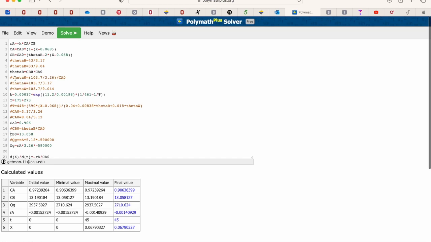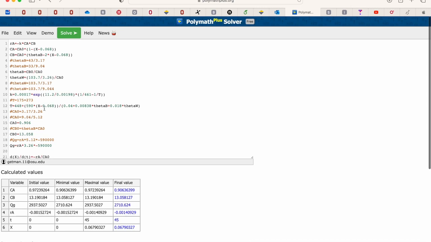Now I also need this theta water. I'm going to take my theta water term, and I need that because it's going to go in my energy balance expression. Okay, my Arrhenius equation stays the same. I'm going to comment out my isothermal temperature and instead include my energy balance.